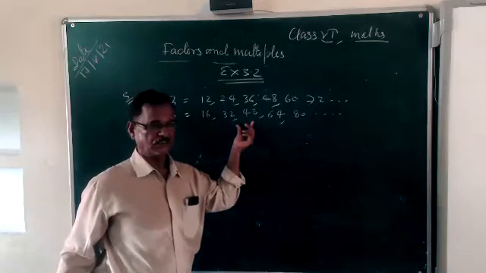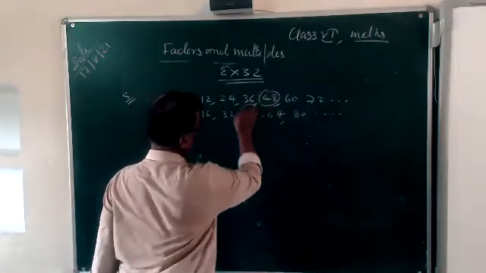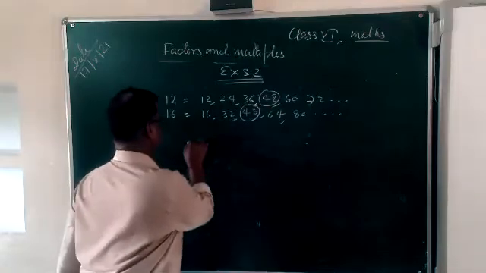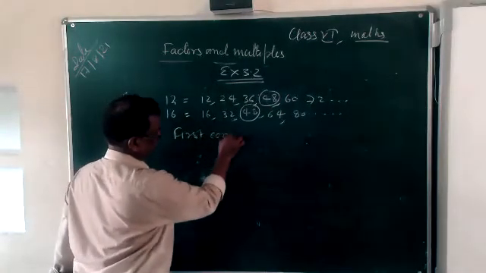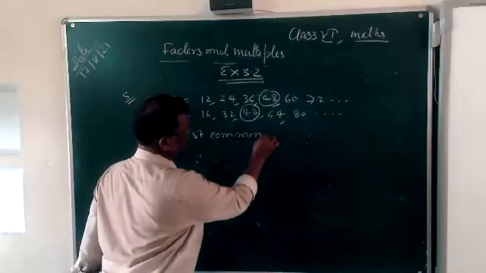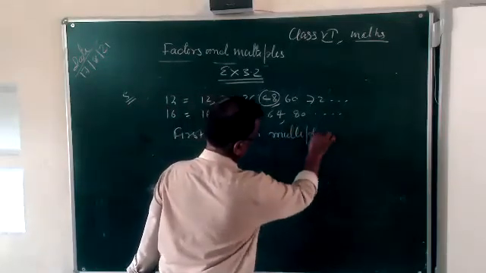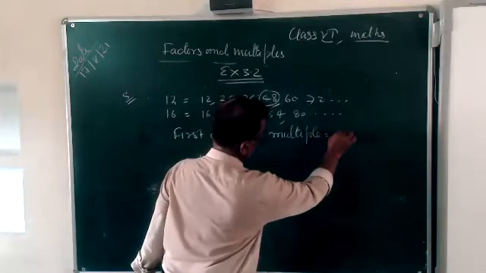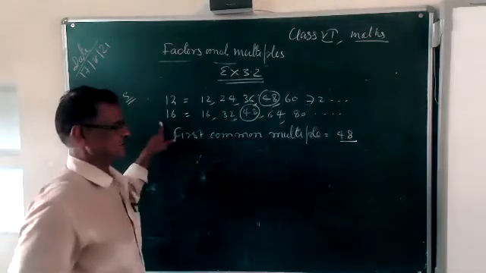This is the least common multiple, or first common multiple. The first common multiple of 12 and 16 is 48.